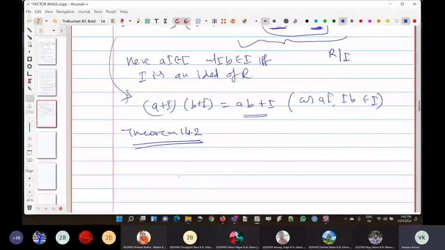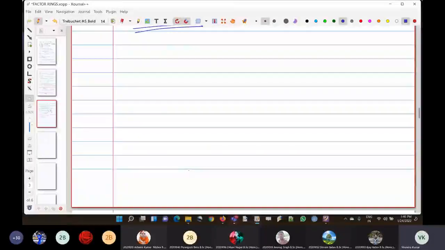Okay. So let us see an example so that we can understand a little bit more on this. For example, if you take R as the ring of integers, and the ideal 6 times Z is an ideal.